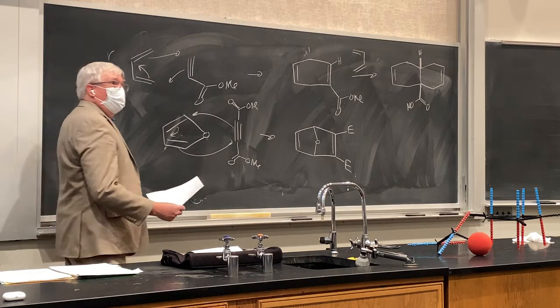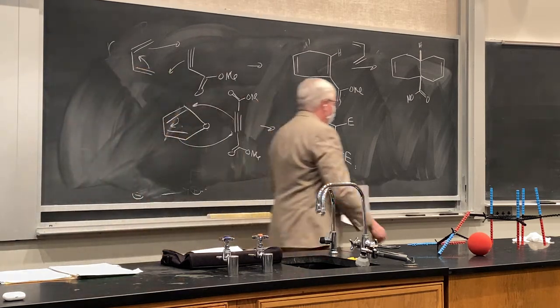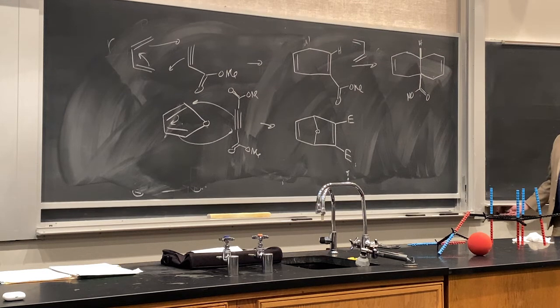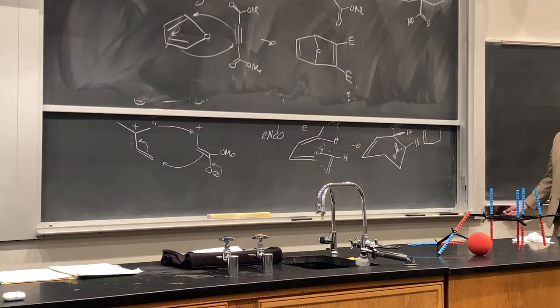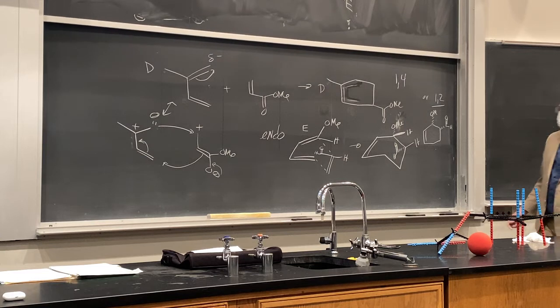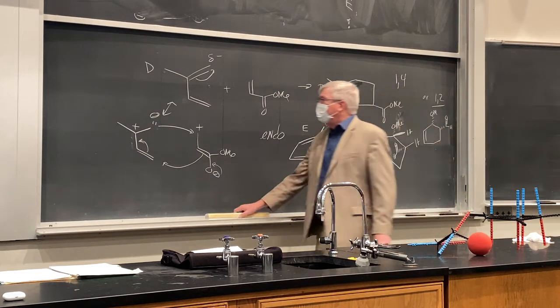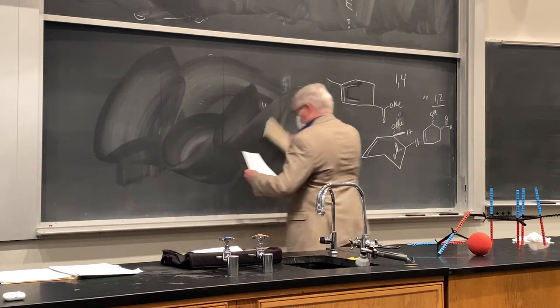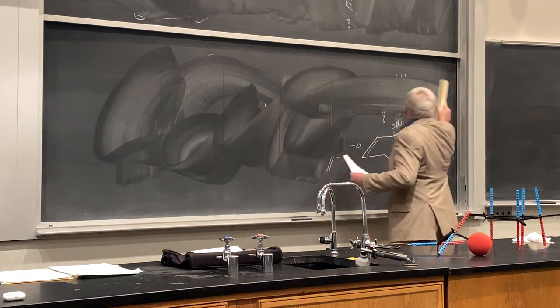All right, a different approach to working Diels-Alder problems is to be given a product, and then you're asked, what were the starting materials? What was the diene and the dienophile that you used to make a certain product? So let's see here.